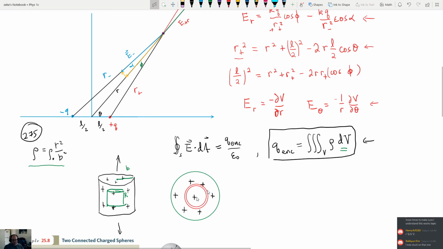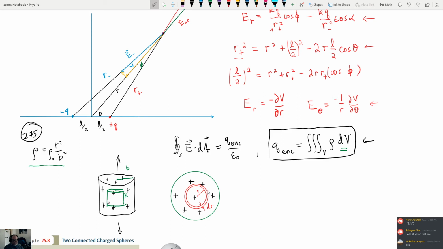Now you need to have a couple of variables on this thing. So this is going to be the radius. You're going to have a thickness that's going to be dr. And then it's going to have a length as well. The length goes into the page, so I'm going to leave that part off.